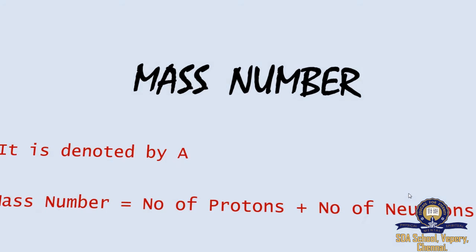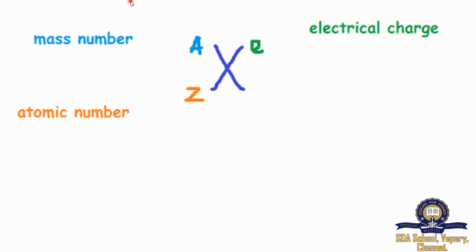To represent an element, it is denoted like this. As we know, mass number is denoted as A and atomic number is denoted as Z, and X is nothing but the element.